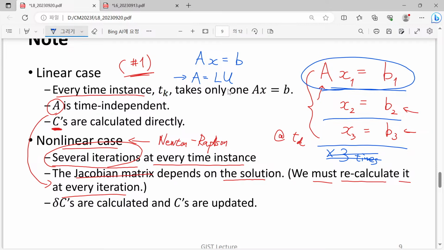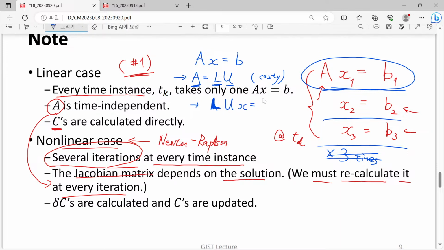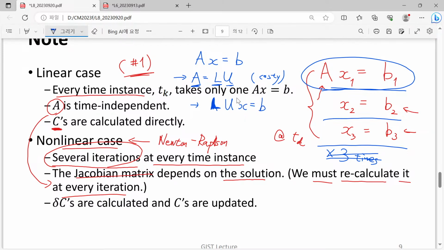When you have your matrix A, this A matrix is decomposed into a product of an L matrix and a U matrix. So it is quite costly. It costs quite a lot. After that, your original equation can be written as LUx equal to b. This is just obvious.